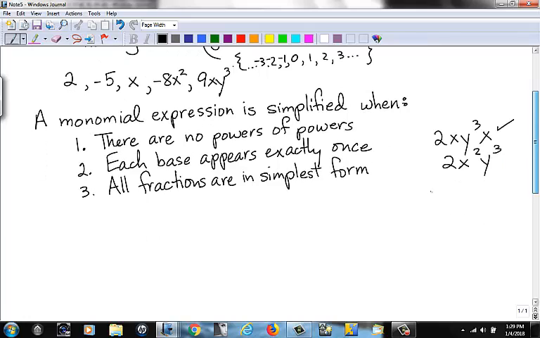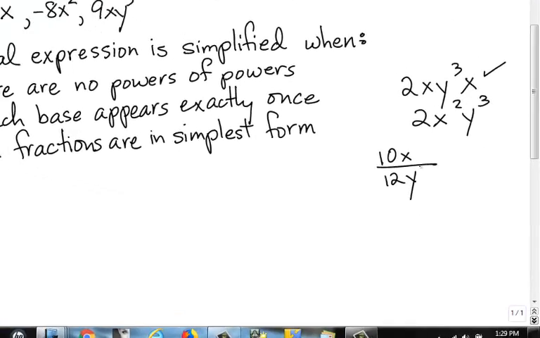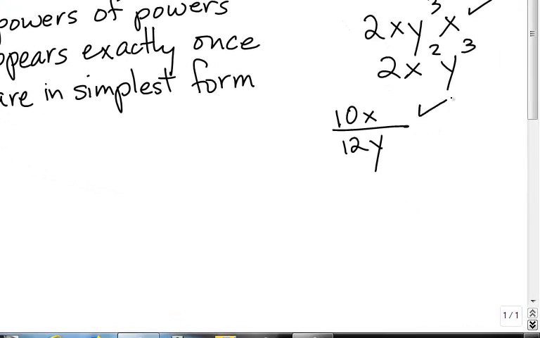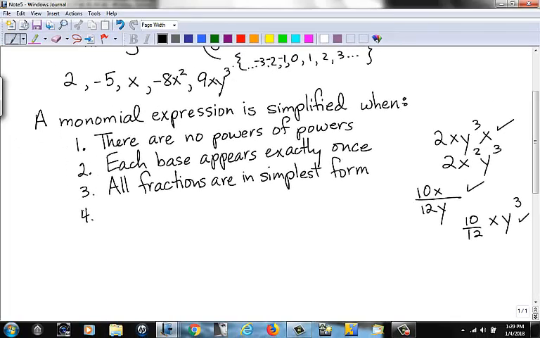So, like, if I had like 10x over 12y, that's not a monomial, is it? No, because it's a division. So that wouldn't be right to begin with. But if I said 10/12 xy cubed, okay, that would still be wrong because the 10/12 is not reduced. If I went to 5/6, I'd be okay.